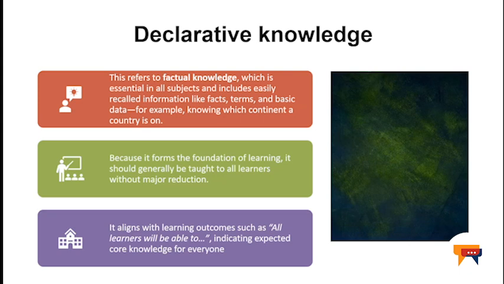For an example, knowing which continent a country is on, because it forms the foundation of learning. It should generally be taught to all learners without measure reduction, and it aligns with learning outcomes such as all learners will be able to, indicating expected core knowledge for everyone.